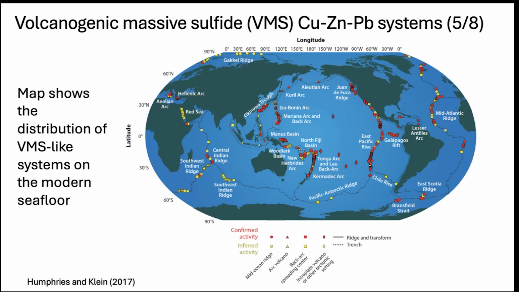We find them along the arcs and back arcs, so in Izu-Bonin, north of New Zealand on the Tonga-Kermadec arc, sorry. And then we also find them on mid-ocean ridges. And as Bob alluded to earlier, the fate of a mid-ocean ridge is typically to get subducted. So our best analog for ancient systems on land is probably those associated with arcs and back arcs.